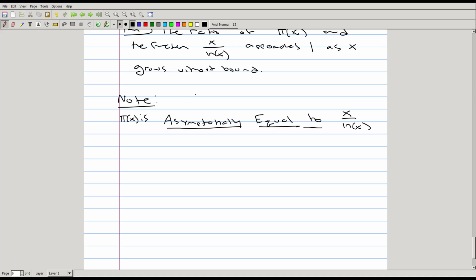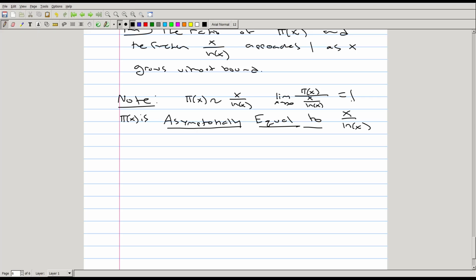The notation that is reserved for this in many texts and sources is just tilde. So pi of x tilde x over ln of x. And if you know what a limit is, this is equivalent to saying that the limit as x goes to infinity of pi of x over x over ln of x is equal to 1.